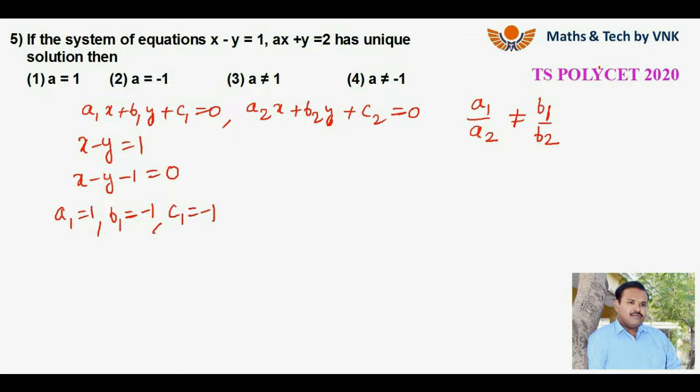So the other equation is ax plus y is equal to 2. So this is nothing but ax plus y minus 2 is equal to 0. Comparing with a2x plus b2y plus c2 is equal to 0, a2 is equal to a, b2 is equal to 1 and c2 is equal to minus 2.